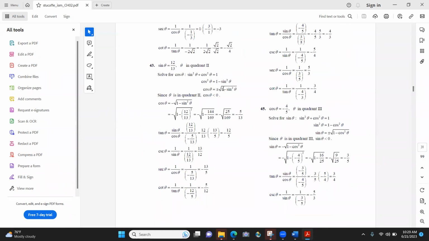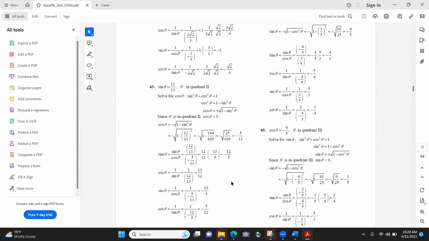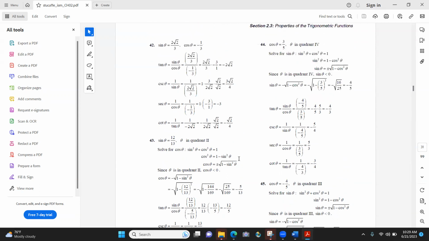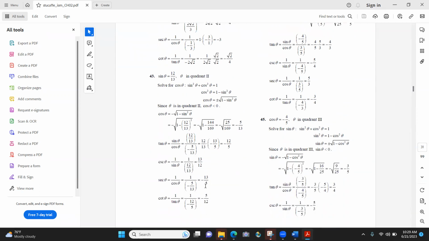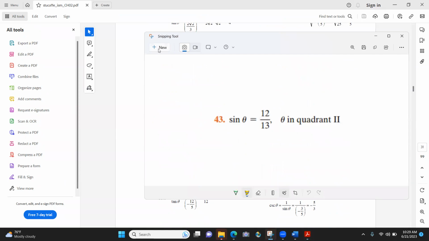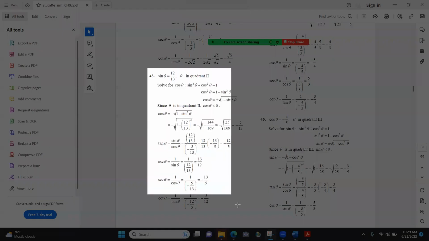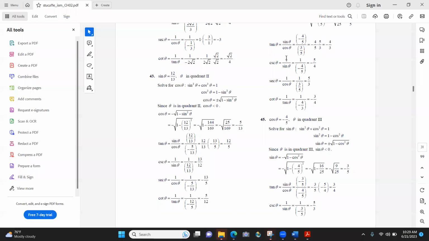All right, so of course, we got that correct. Cosecant is 13 over 12. I think we got the right answers. Sine is this. Another way to do it is to bring the whole thing here.